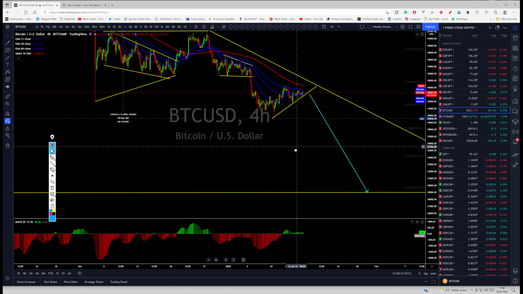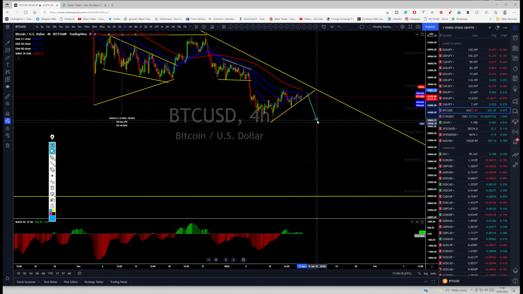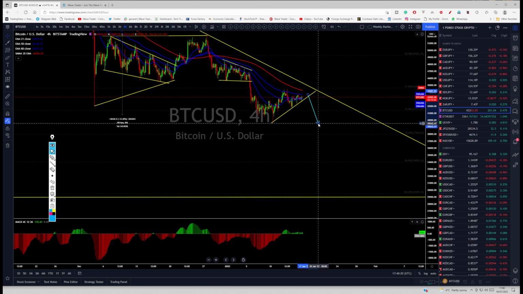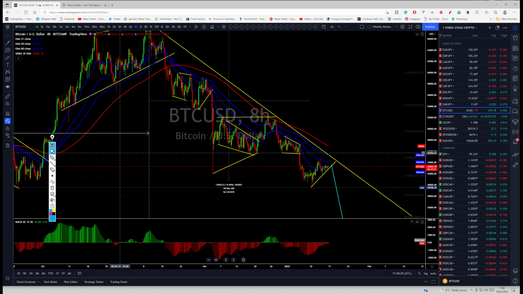So you are looking for price to hold those 4-hour time frame moving averages and give one more leg lower first, or in the best case scenario, a sharp aggressive breakdown. If that doesn't break, then simply go for an 8-hour time frame correction, another leg higher and then keep dragging lower. Hope that makes sense.